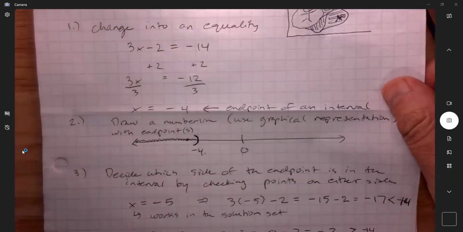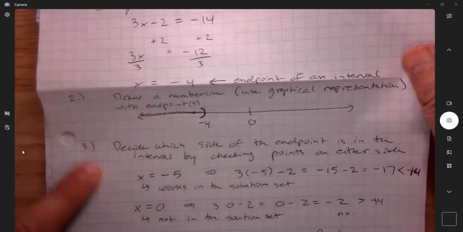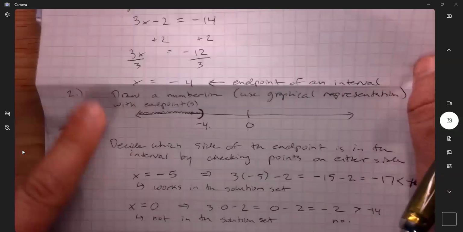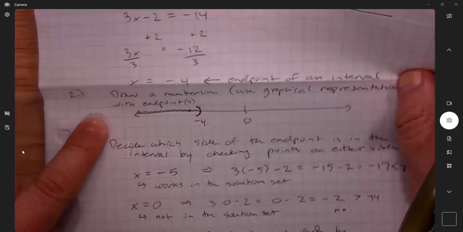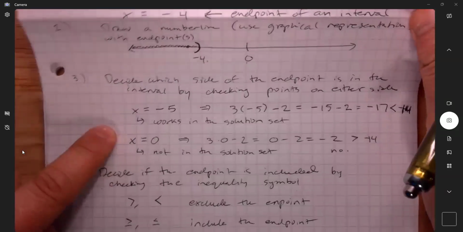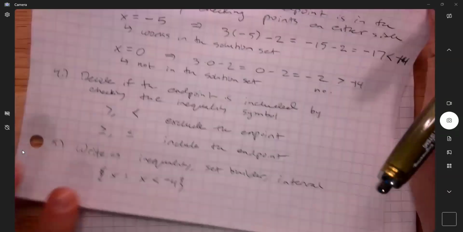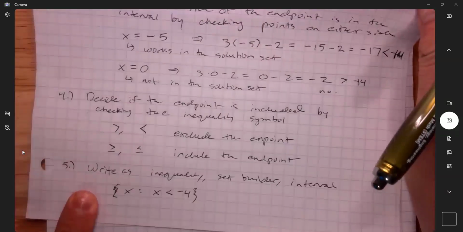So the new part here was testing points. You've already solved multi-step equations. You've already drawn number lines. Now we test a point, and we've already done intervals as inequalities, set builders, or interval notation.